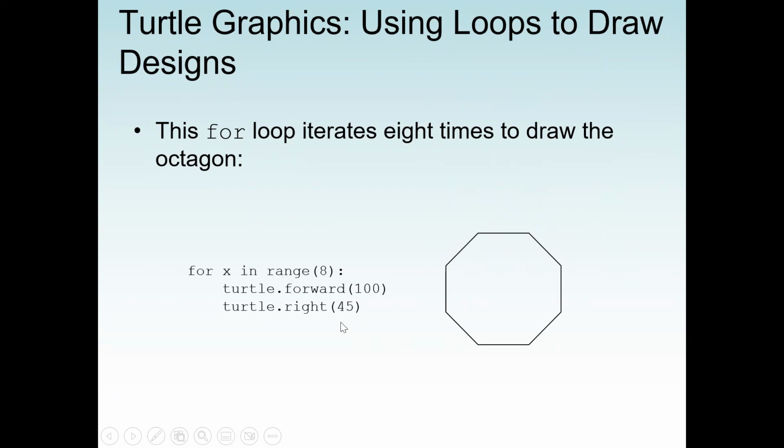Previously, if we wanted to draw the 4 sides, we would have to keep writing turtle dot forward 100, turtle dot right 45, turtle dot forward 100, so we would have to write all the 8 sides of code. But here we are writing only one code, and then the loop will execute 8 times because the range is 8, from 0 to 7.